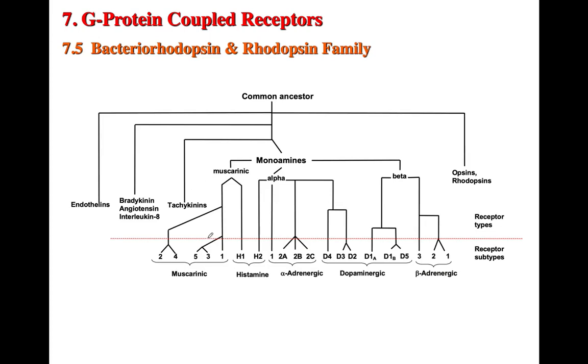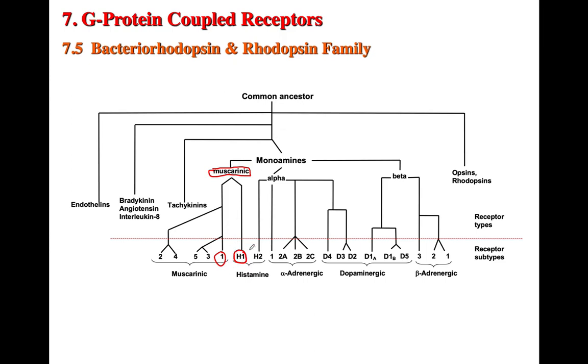I actually included it. So this is the evolutionary tree of these receptors. Just something I want to mention here. You look at these muscarinic receptors. We mentioned that some of the receptors are so-called based on the types of natural substances that activate or inhibit them. You realize that for the muscarinic receptors, for instance, the M1 receptor and H1 are actually closer when it comes to the evolutionary tree.